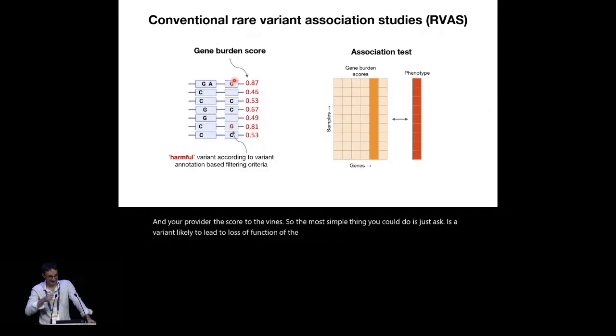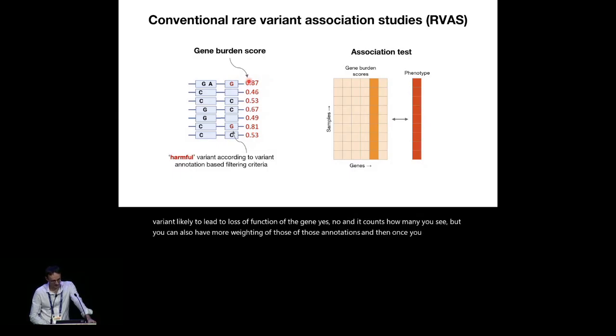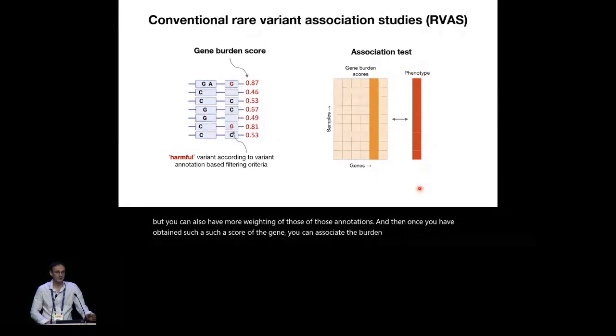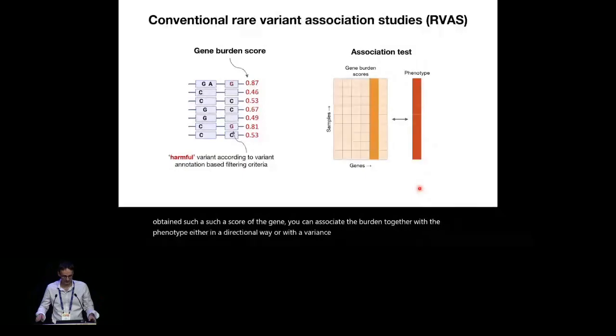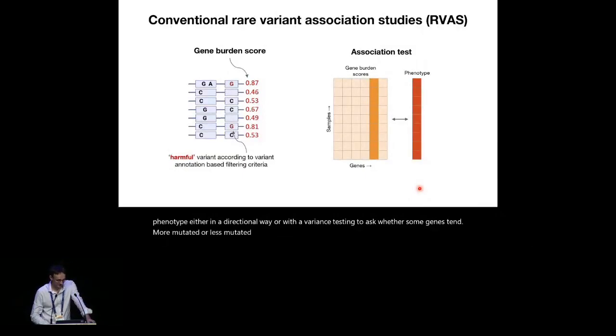Yes, no, and count how many you see. But you can also have more weighting of those annotations. And then once you have obtained such a score of the gene, you can associate the burden together with the phenotype, either in a directional way or with a variance testing to ask whether some genes tend to be more mutated or less mutated than others along with the variations in the phenotype.